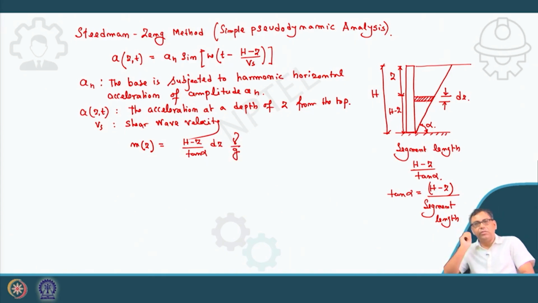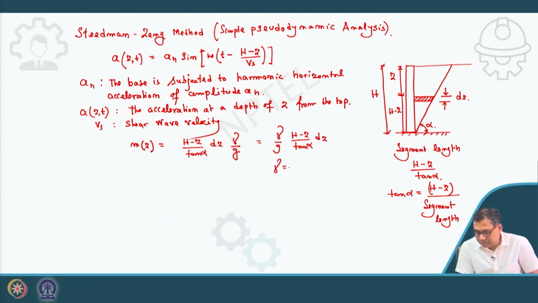If I multiply by the unit weight, it gives the weight, divided by g. So, the mass will be simply gamma by g into (H minus z) divided by tan alpha into dz, where gamma is the unit weight of the soil.